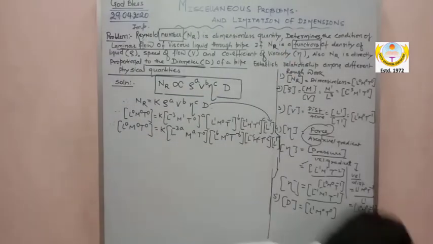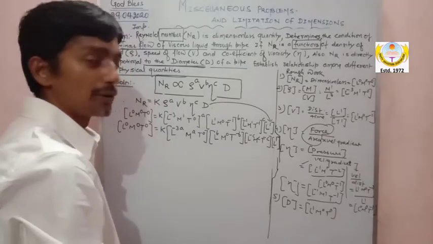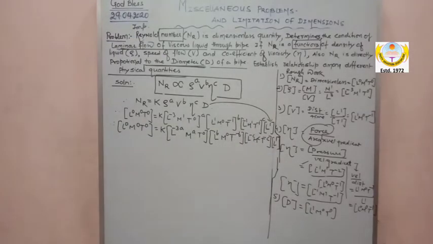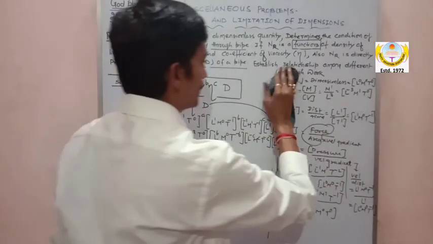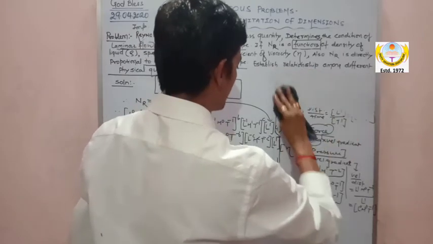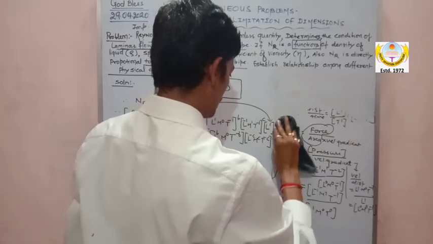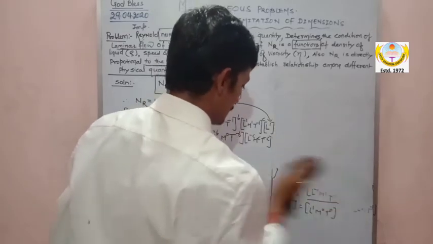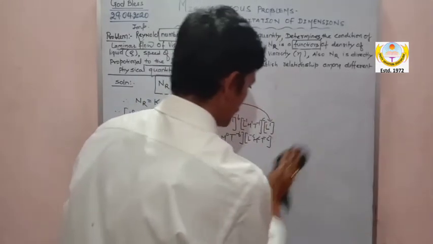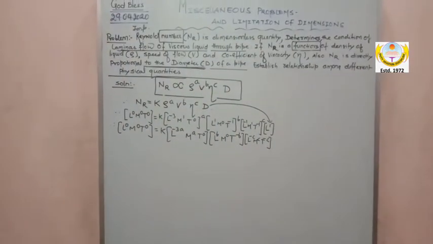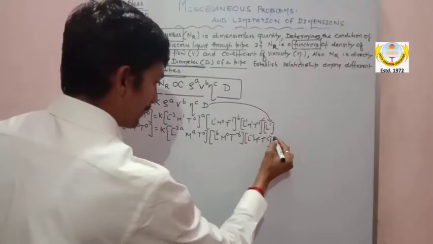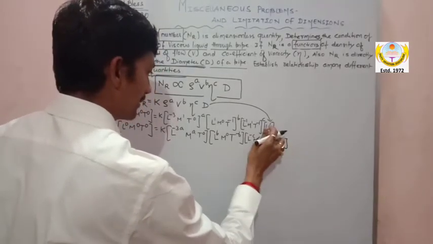It is not in my use now. It was used only to substitute the dimensions here. Now it is not in my use, so I can rub it out so that I get a space. So here I will mention L power 1, the last one, this one.